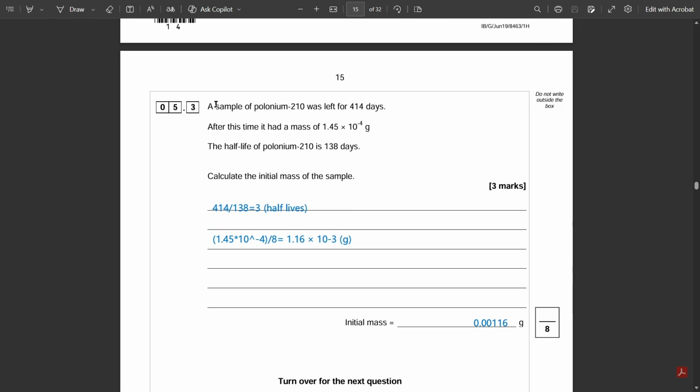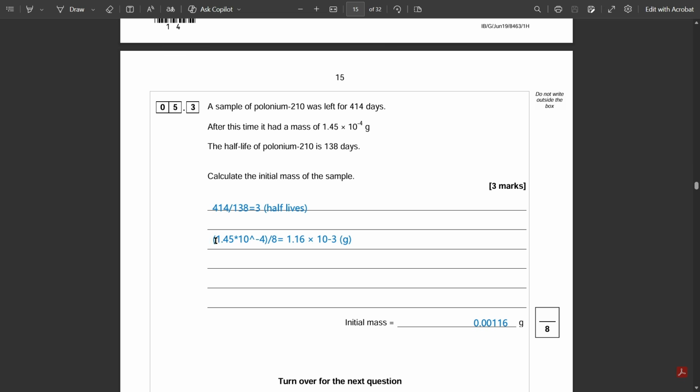And then for 5.3, a sample of polonium-210 was left for 414 days. After this time, it had a mass of 1.45 times 10 to the minus 4 grams. The half-life of polonium-210 is 138 days, and we're asked to calculate the initial mass of the sample. Well, firstly, we have to work out how many half-lives 414 days is, and if you divide 414 by 138, you work out it's 3 half-lives.